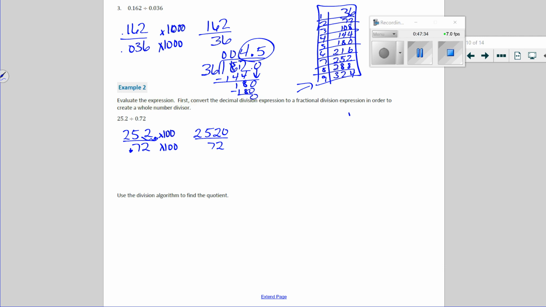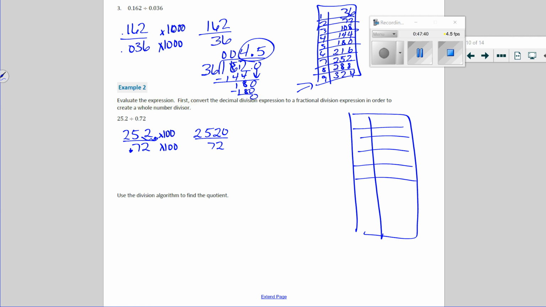Okay, so let's do our table. 72. So 72, we're just adding 72, guys. 144, 216, and so on down the table.